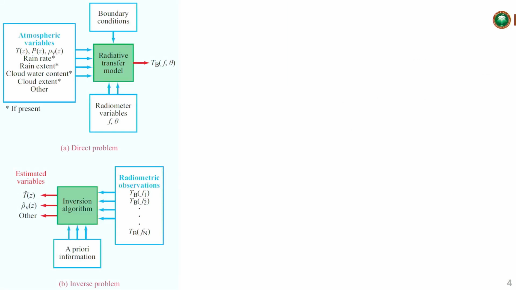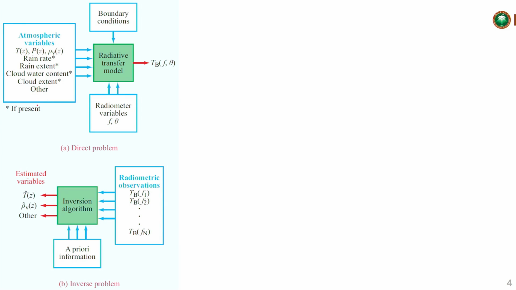The first one is how the radiometer really works. If we want to detect the atmospheric constituents, we needed to know the input.